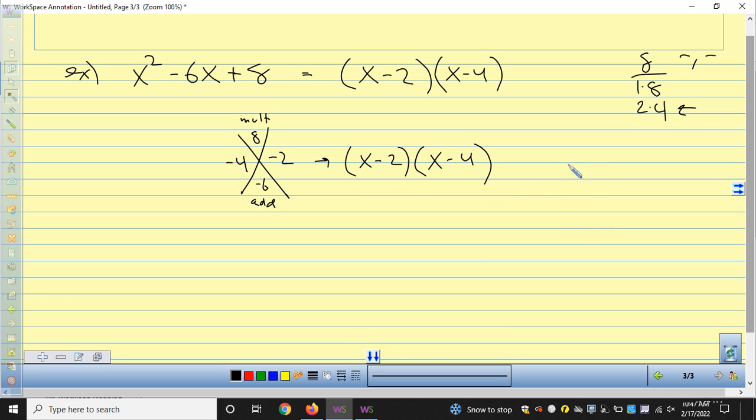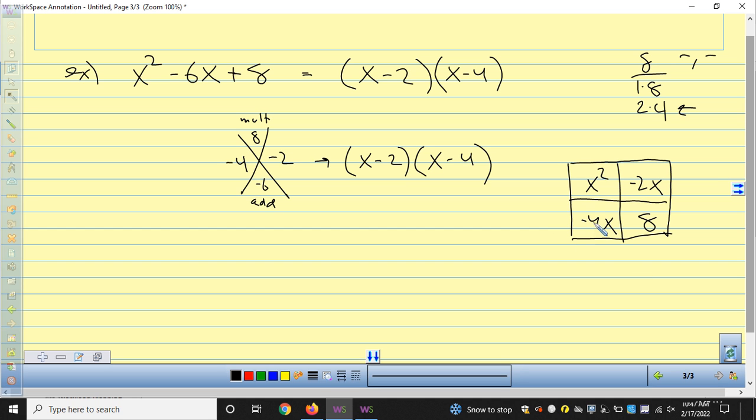If we want to set up our box, I put x squared here. I put 8 here. I find my factors. I'm going to put a negative 2x and a negative 4x. And then I find my greatest common factors.